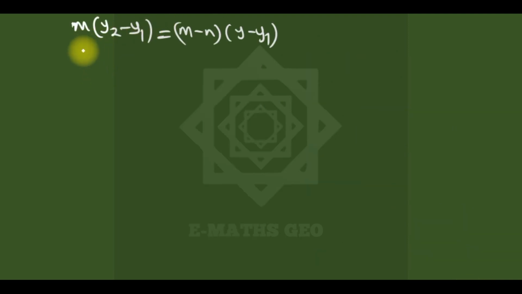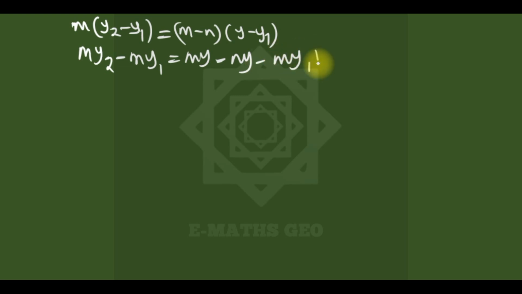So we open up, which is my2 minus my1 equals my minus ny minus my1 plus ny1.